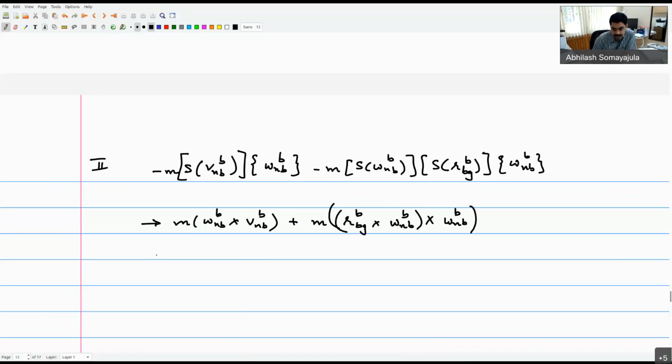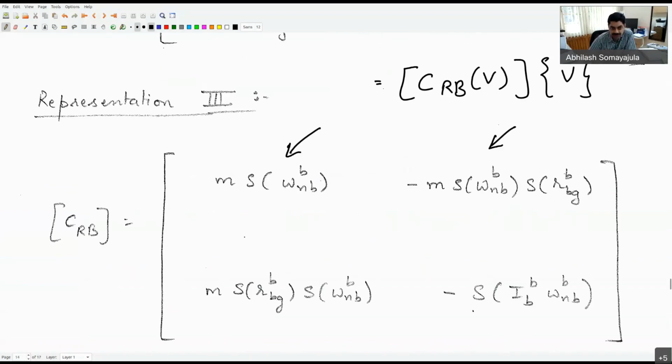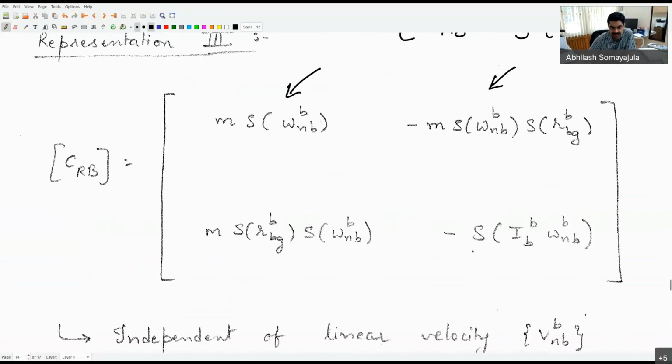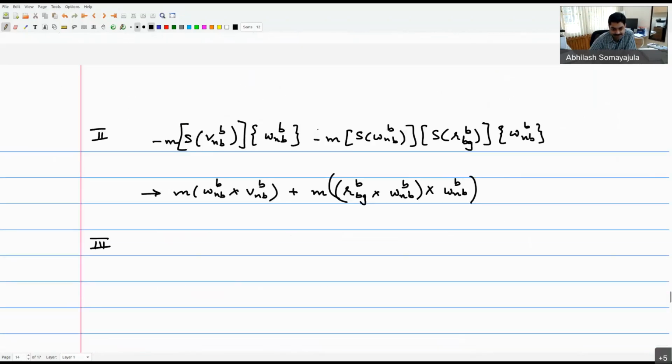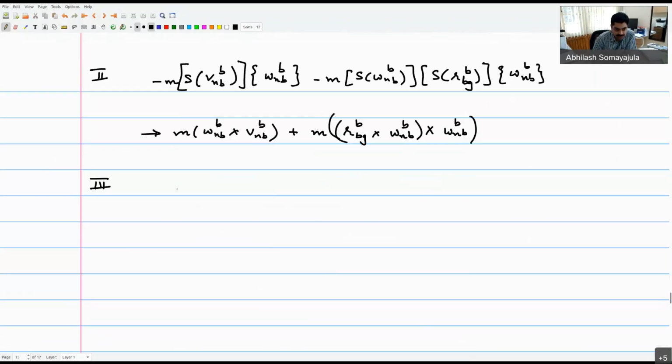Yes, sir. Okay. Now let's look at what happens in representation number 3, whether we are getting the same thing or not. So the representation number 3 is this one. So here I have minus m times S of omega_nb^b. So m times S of omega_nb^b, that gets multiplied by the velocity vector, correct?